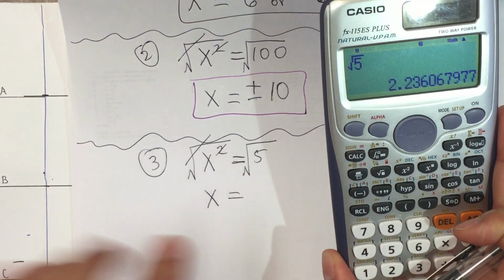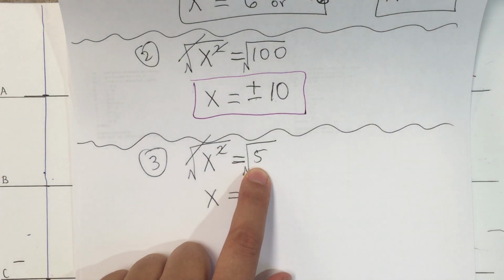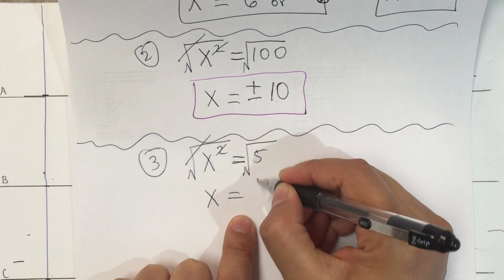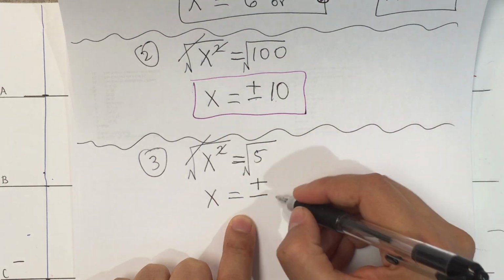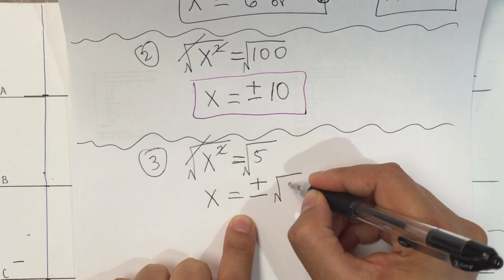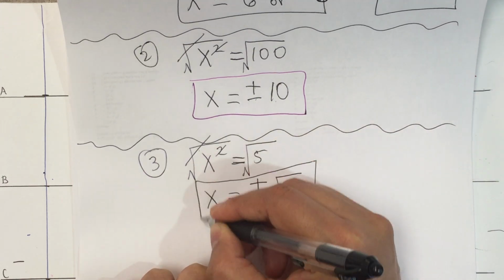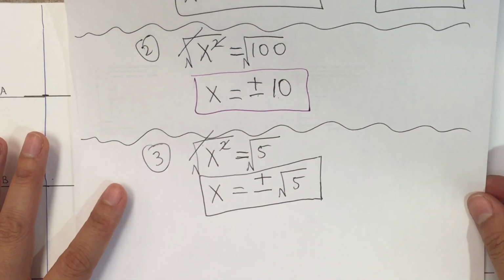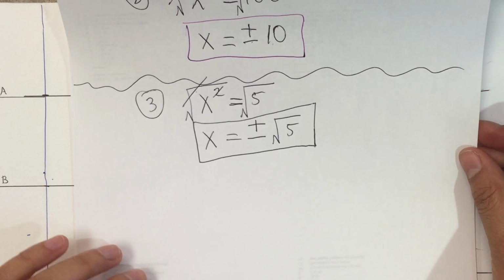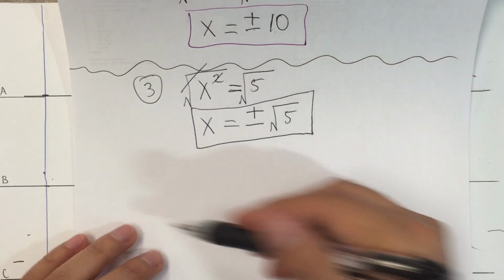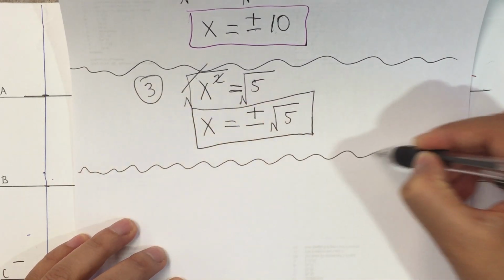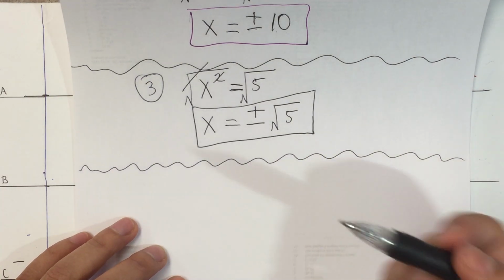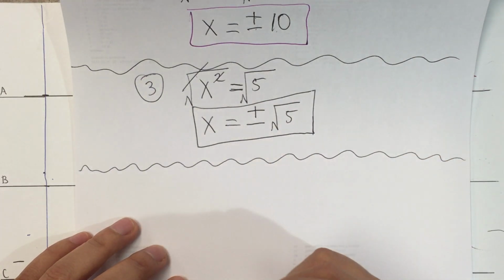For now, we're just going to leave it as the square root of 5. But just remember that it's always positive, negative, and then square root of 5. This is how you would leave it for now. Later on, when we're graphing quadratic equations, then we will need to get the approximation of square root of 5.